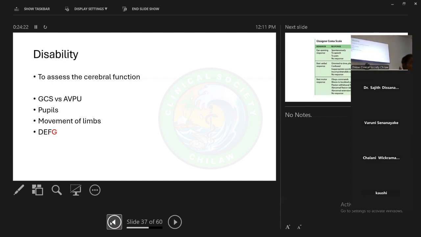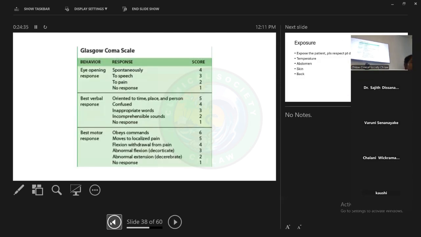Then you assess the cerebral function with GCS and ABPU. I know GCS is a bit long, but each and every doctor should be able to assess GCS. It is very important to know.